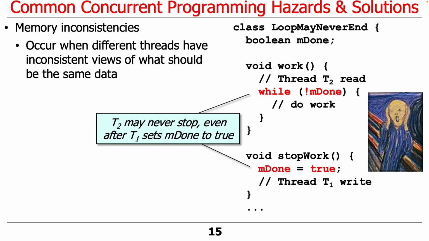Unfortunately, because there's no synchronization taking place here, there's no memory consistency guarantees. So it may be the case that even though we've updated this field, the processor core that's running thread T2 won't have its cache updated. And that's the way things work in modern multi-core, multiprocessing systems.